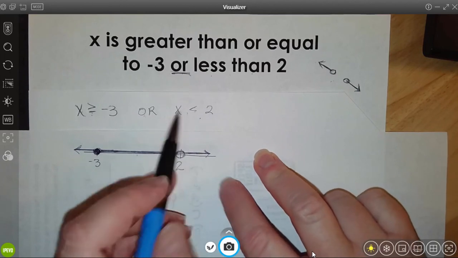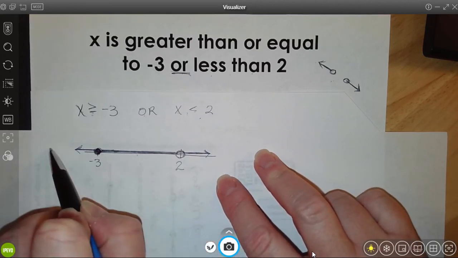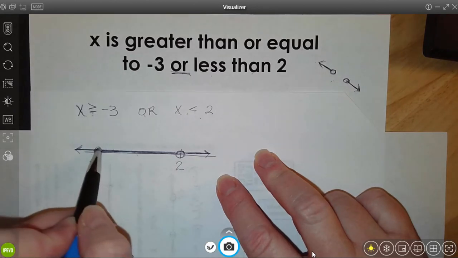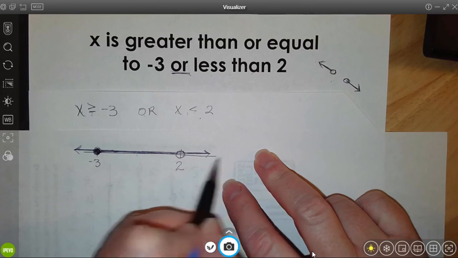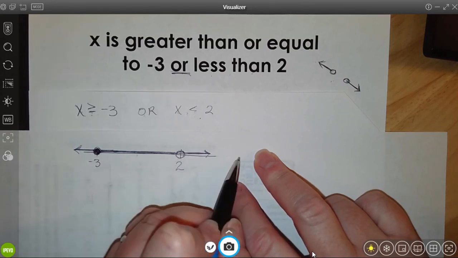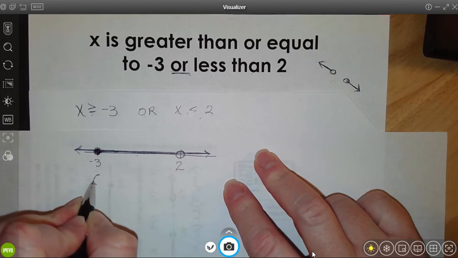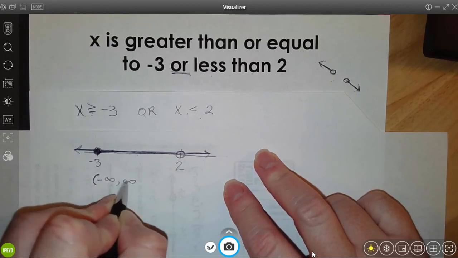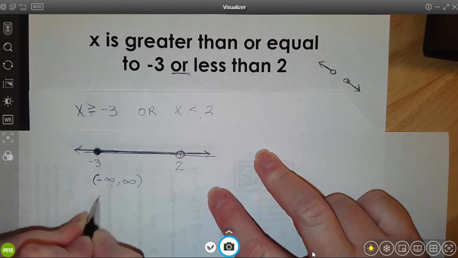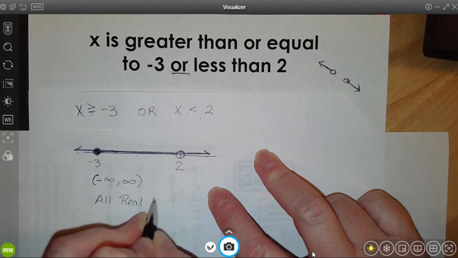So everything on this number line is either less than 2, or greater than or equal to -3. That covers everything on the number line from -infinity to +infinity. If I made an interval for that, the interval would go from -infinity to +infinity, or you may write the words all real numbers.